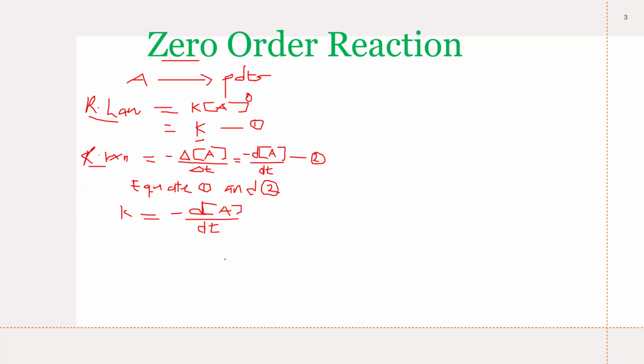Now we need to group like terms: we take dt to the other side and the concentration to the other side. So we have k dt equals negative d of the concentration of A. Now we want to study the change of concentration with respect to time, so we have to integrate both sides.